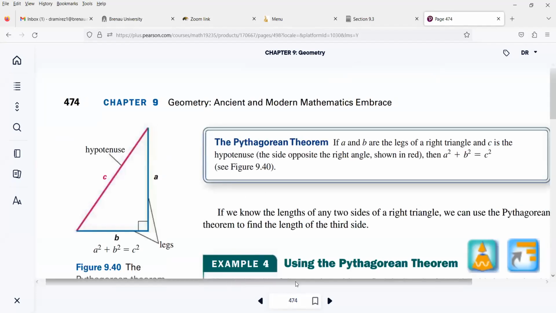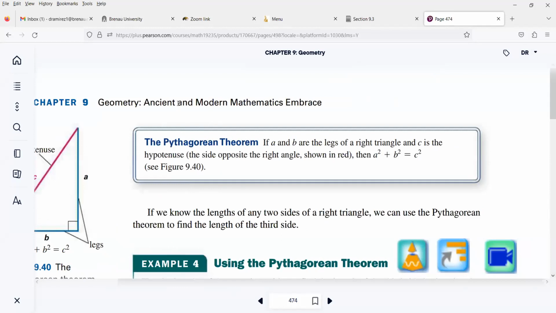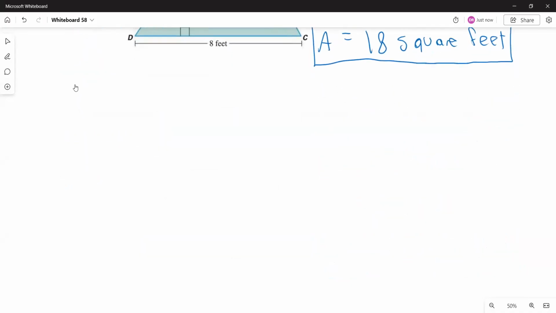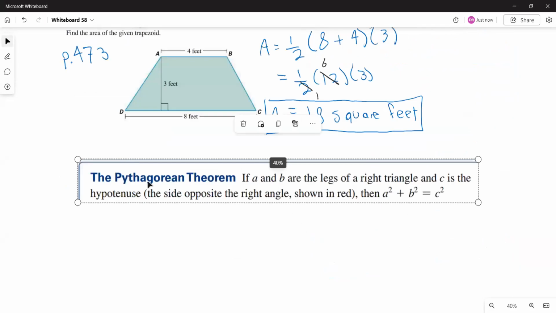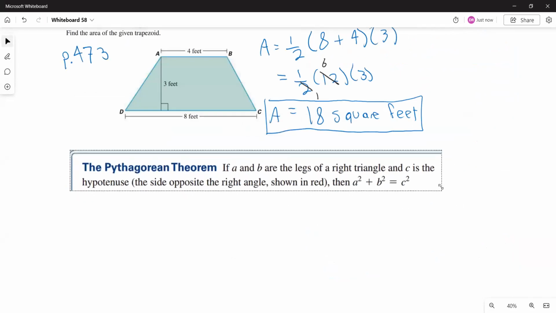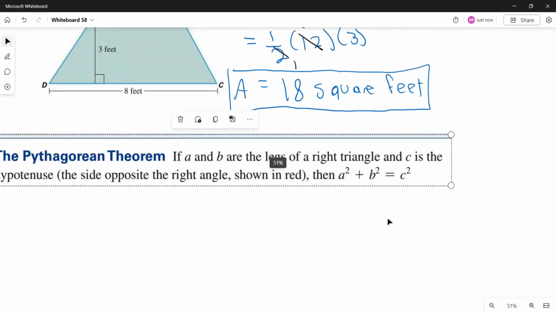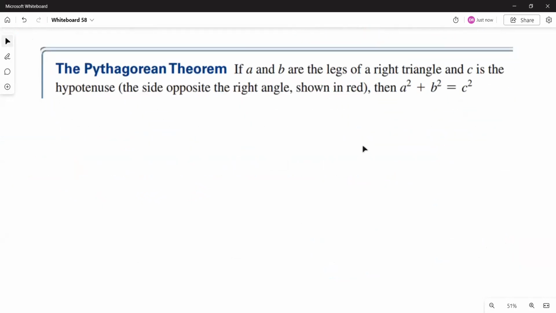So I'm going to copy that. Let's copy the formula. And here's the picture that I didn't copy. Let's say we have a right triangle.